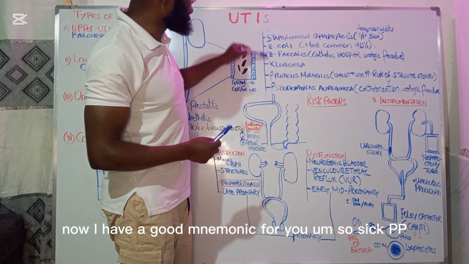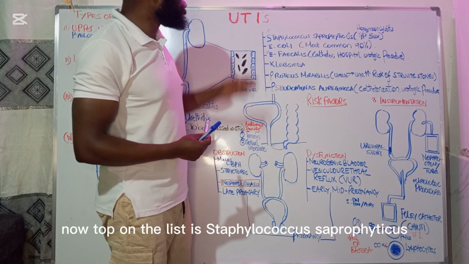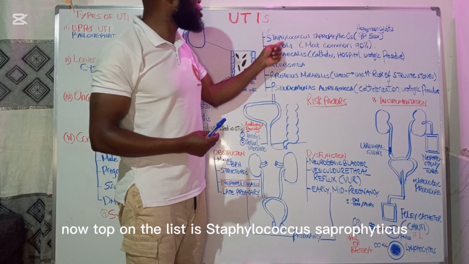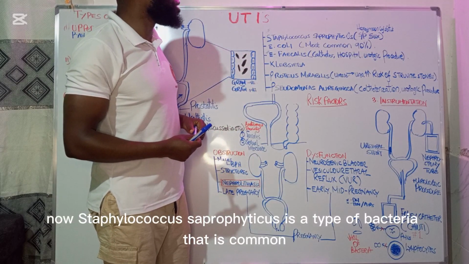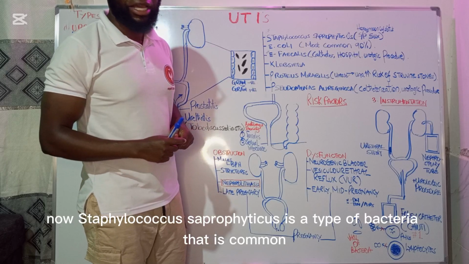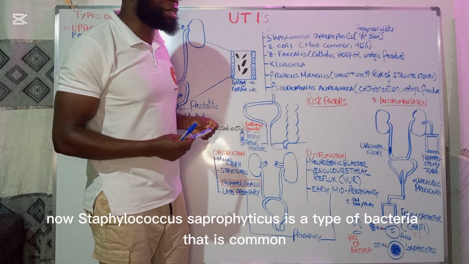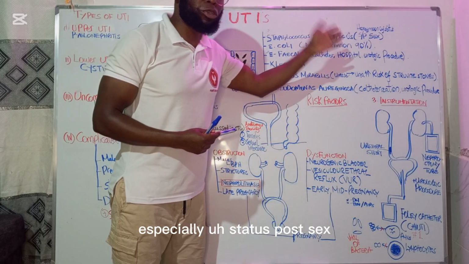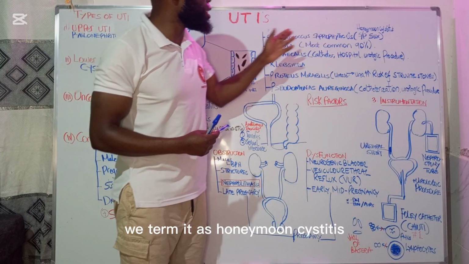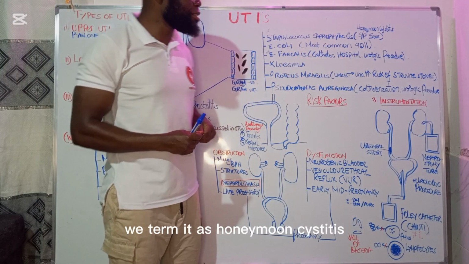Now, I have a good mnemonic for you. So, sick PP. Top on the list is Staphylococcus saprophyticus. Staphylococcus saprophyticus is a type of bacteria that is common, especially status post sex. We term it as honeymoon cystitis.